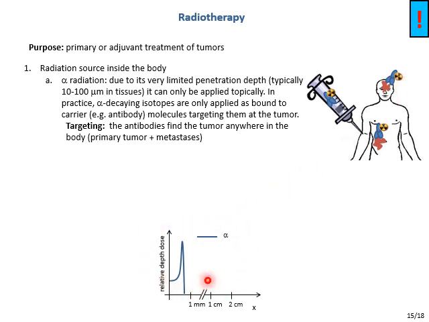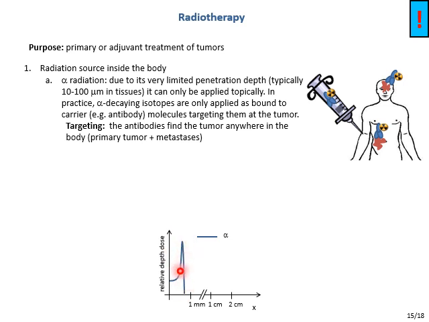In the bottom part of the figure, you can see the relative depth dose of an alpha particle, and you can see that this is characterized by a non-homogeneous production of ionizations, because for a relatively long part of the path, few ionizations are produced, and then suddenly the number of ionizations, so the amount of biological damage delivered by the alpha particle, increases, and then the particle suddenly stops.